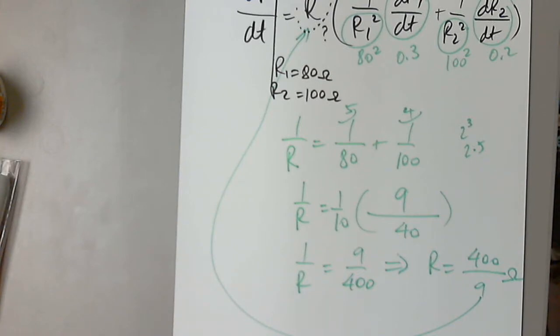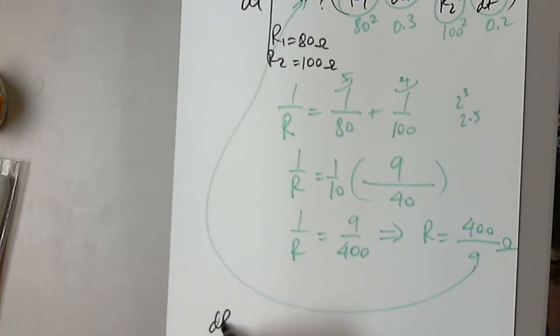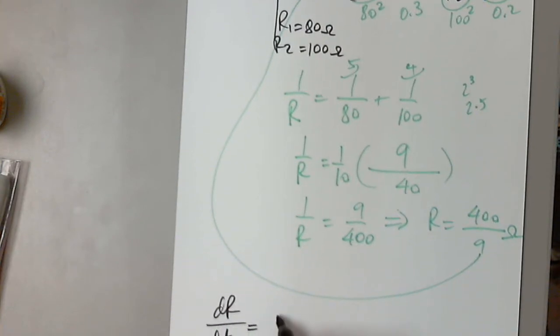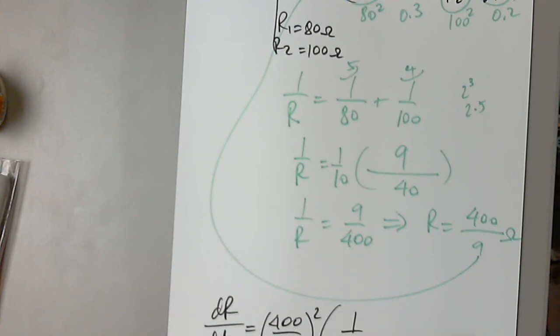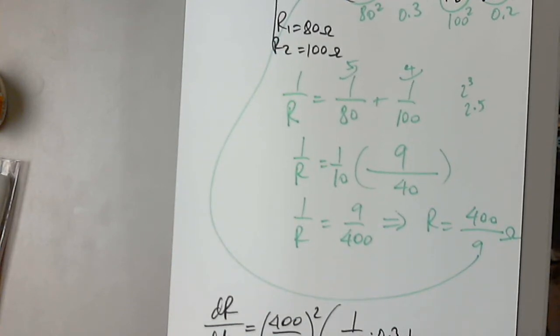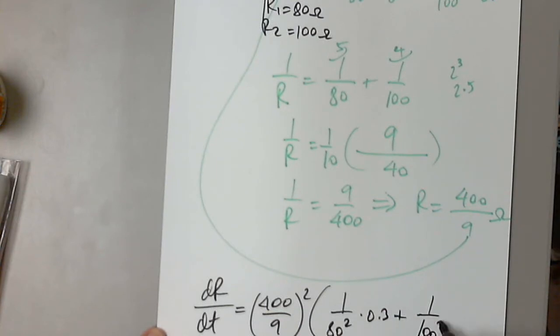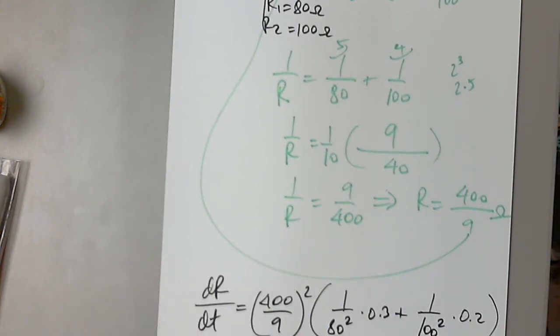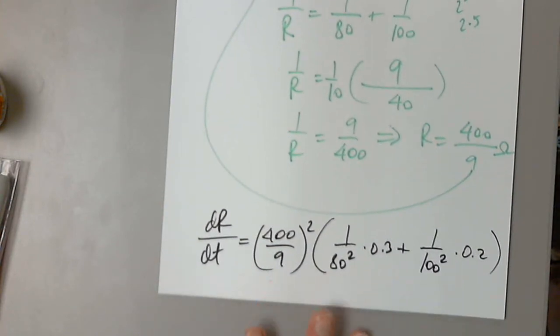So finally, we have this. dR over dt equals 400 over 9 everything squared, 1 over 80 squared times 0.3 plus 1 over 100 squared times 0.2. Okay, so let's do this. So be very careful now. So we have 400. Let me see how I want to do this.